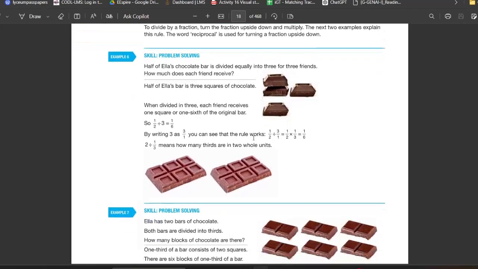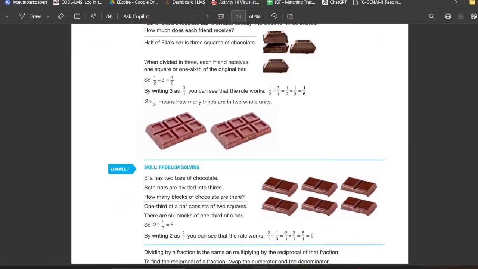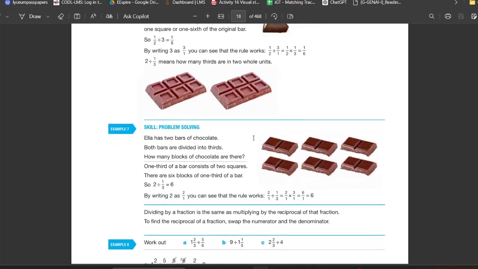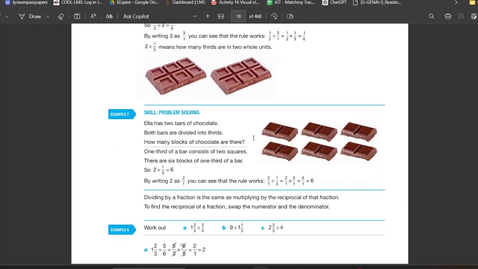So let's go to another problem. According to the question, Ella has 2 bars of chocolate. Both bars are divided into thirds.